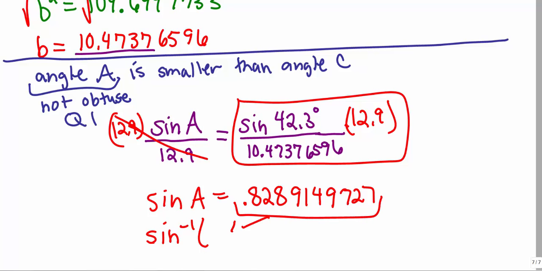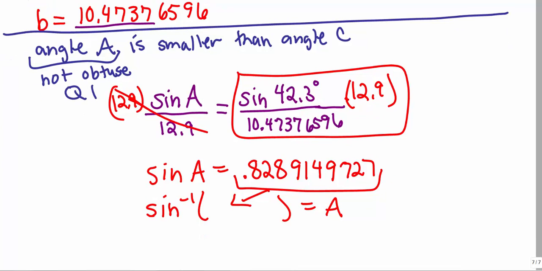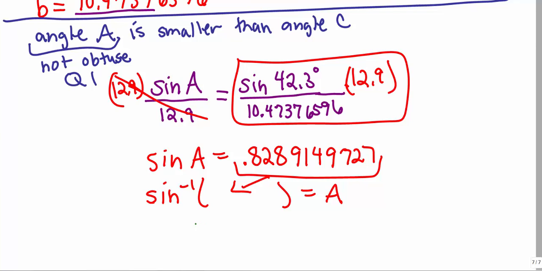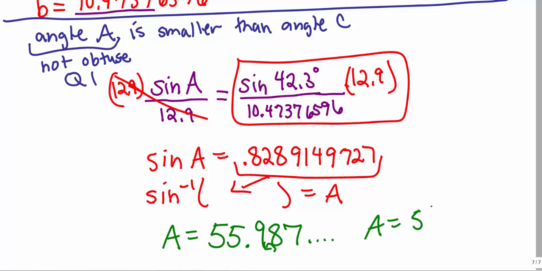Let your calculator store all of that for you, put it into the inverse function, and it should tell us that angle A is approximately, let's go ahead and round to the nearest tenth, I get 55.987 and so on. So if I'm rounding to the nearest tenth, it looks like we get about 56.0 degrees.